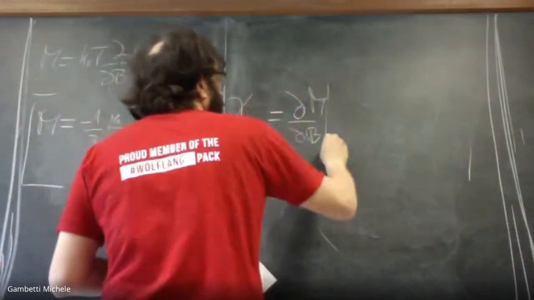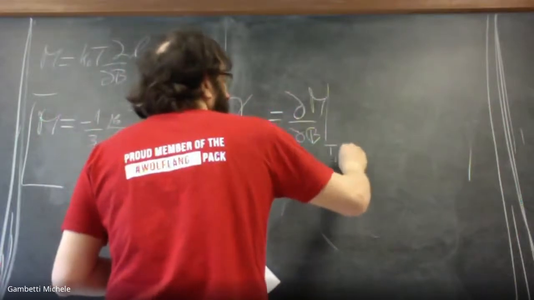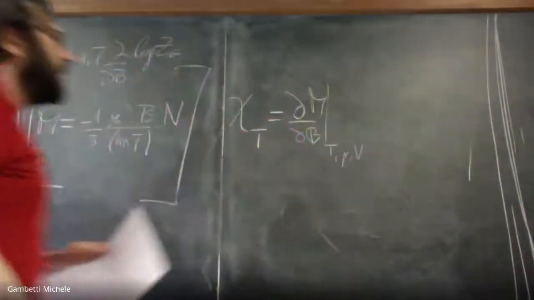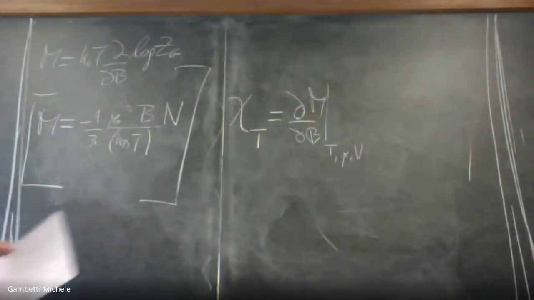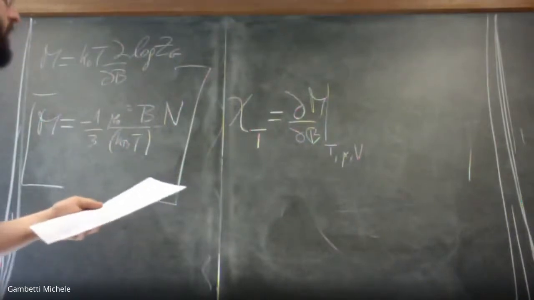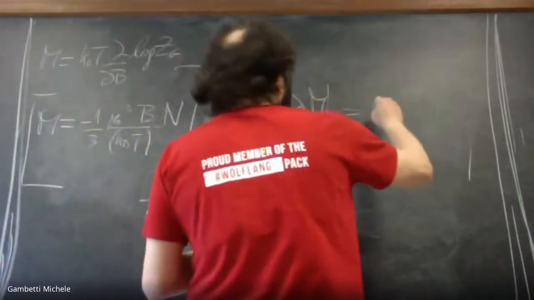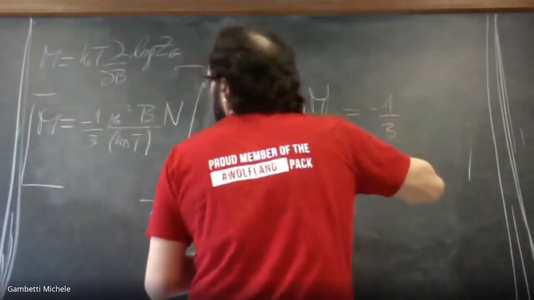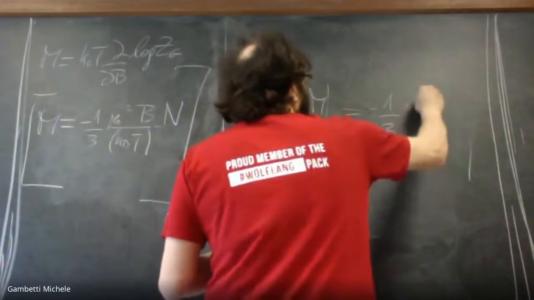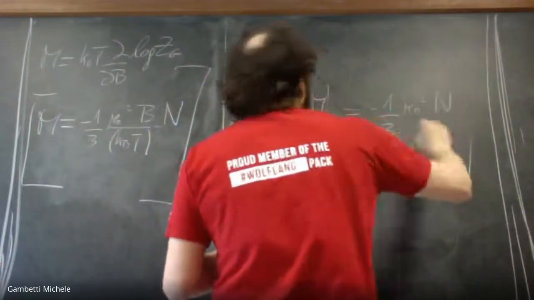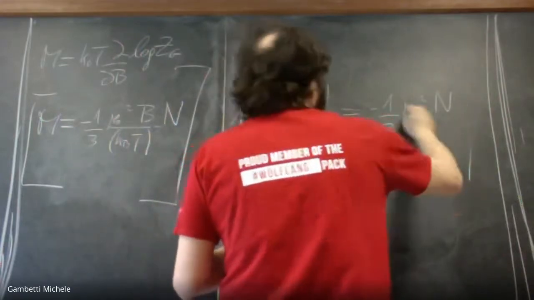Now this is computed at fixed temperature and also fixed volume and fixed chemical potential. We are in the grand canonical ensemble. So then this is just minus 1/3 mu0 squared n divided by KBT.